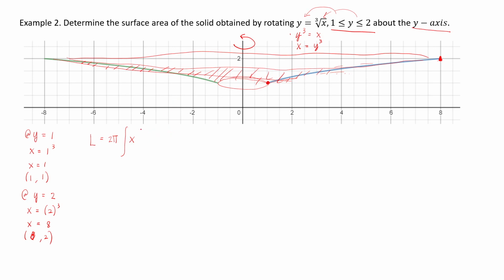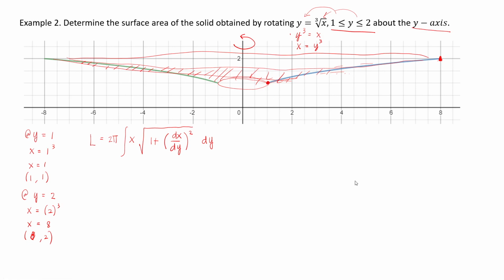So x going towards the y-axis. Then the square root of 1 plus, since we are in terms of y now, in the y direction with y limits, this would be dx over dy squared. So the denominator, and then the other one is the dy outside.